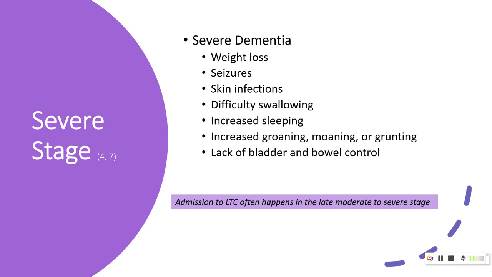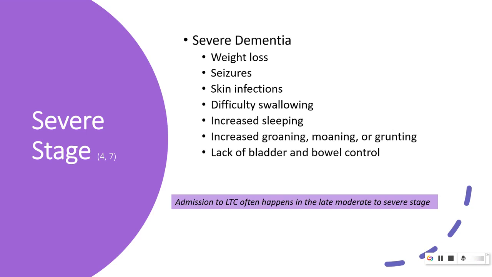And we do see that bowel and bladder functioning is lost. Usually the loss of bladder occurs before the loss of bowel, because in our developmental stage, when we start to learn how to control our bowels and bladder, we learn how to control our bowel before we control our bladder. So if we think about it, as the memory fails, it kind of goes backwards. The last thing that you learned is the first thing forgotten.